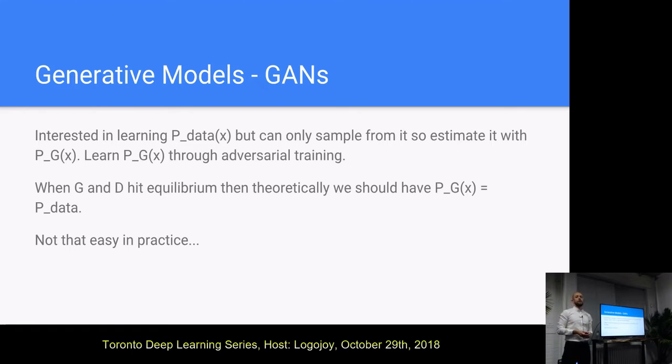Adversarial training means we have two neural networks. We have a generator and a discriminator. The generator starts with random noise, and it creates increasingly better images with those. And the discriminator gets fed real images and generated images, and it gets trained to distinguish between real images and generated images.